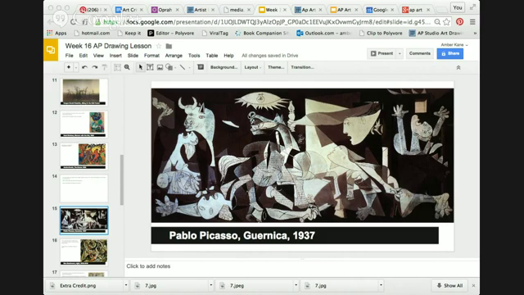What are some ways that Picasso demonstrates movement in this? Kaylee, can you? Oh, there we go.